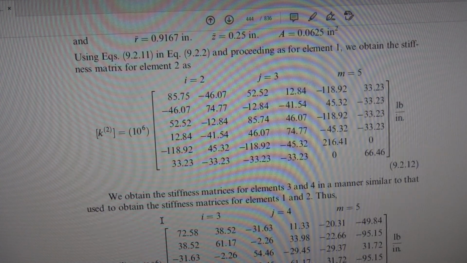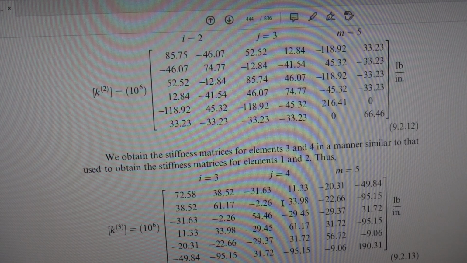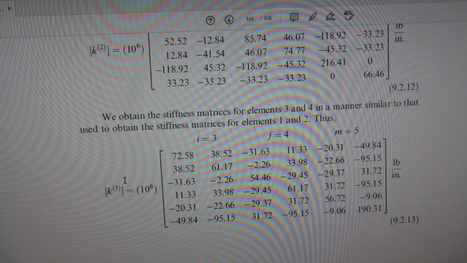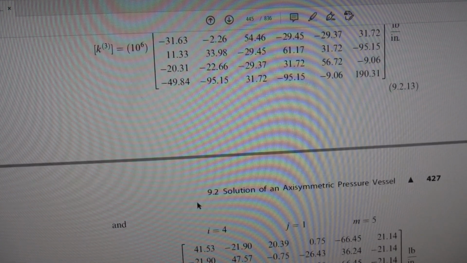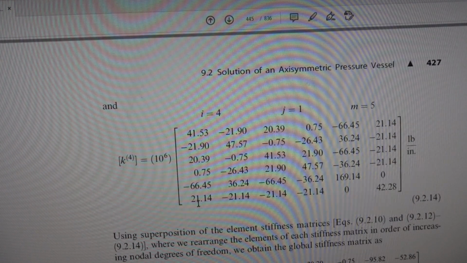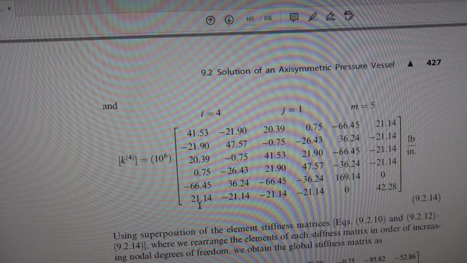Similarly for the third and fourth elements, you analyze similarly and you can get K3 and K4. Now for assembly, when you assemble all the matrices, you will get this one, 10 by 10.